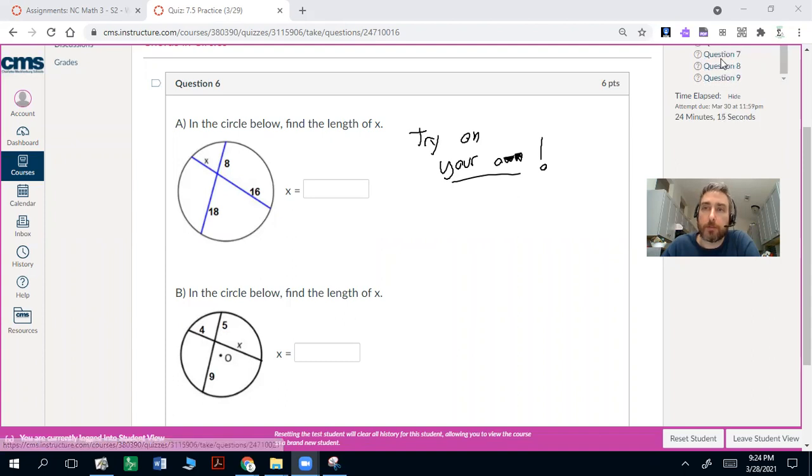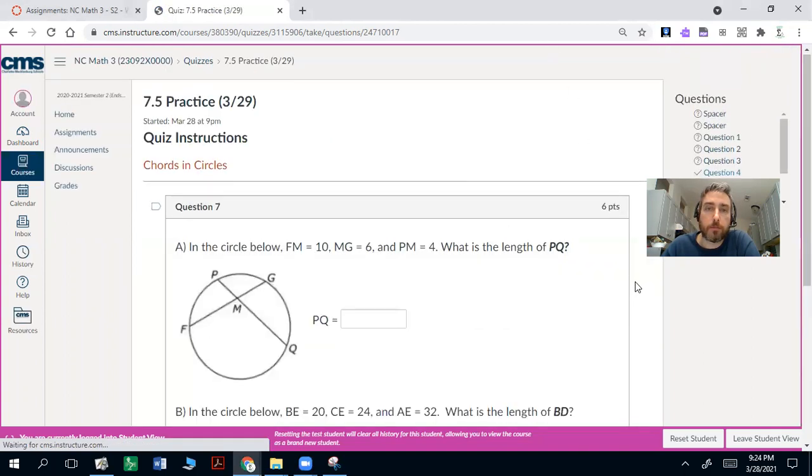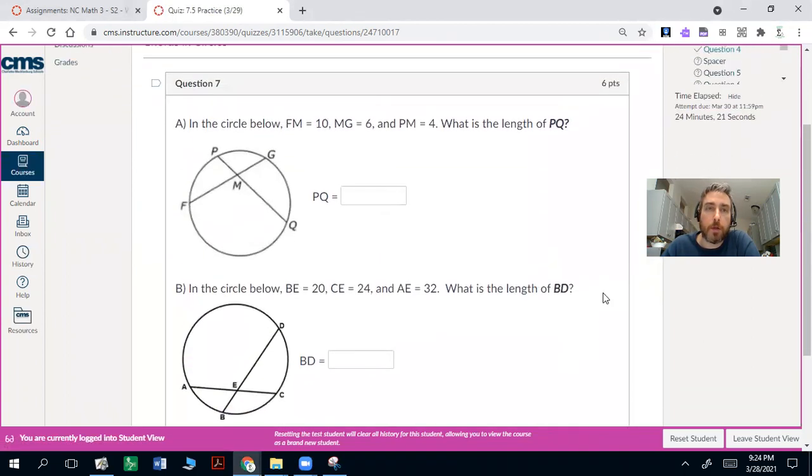Okay, number 7. All right, 7a. In the circle below, FM equals 10. MG is 6. That's in the same chord, so I'll put a 6 there.